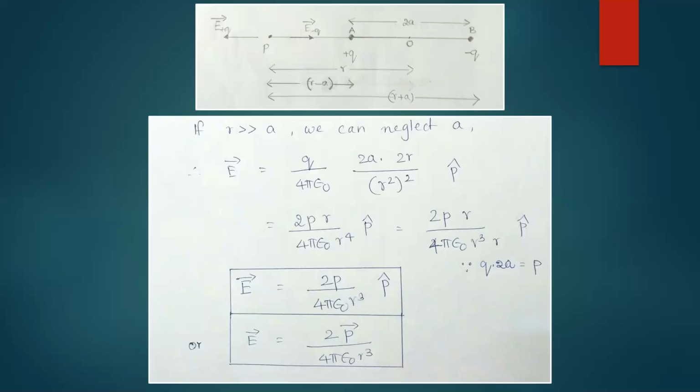So finally, we can write the expression of the electric field on the axis of a dipole at a point P, which is at a distance r, E bar is equal to 2P bar divided by 4 pi epsilon naught into r cube. Once again, E bar is equal to 2P bar whole divided by 4 pi epsilon naught into r cube. This is the expression for the electric field on the axis of a dipole.